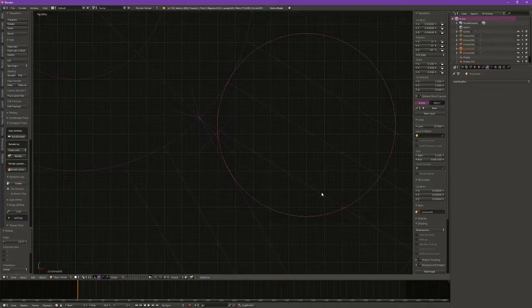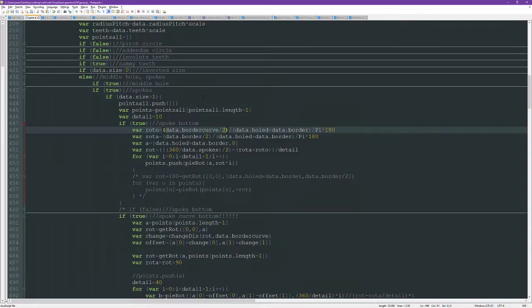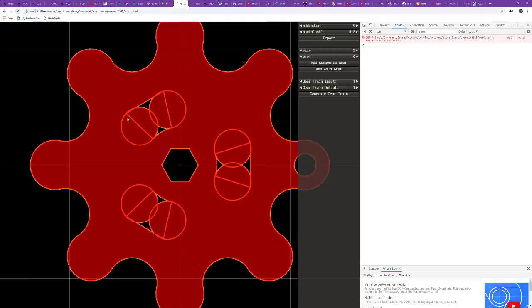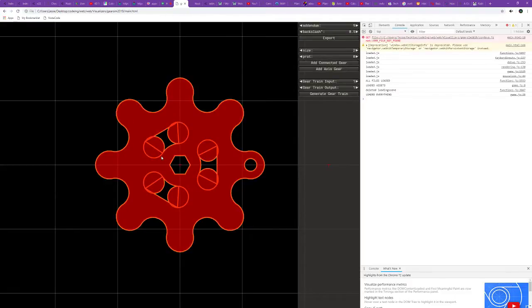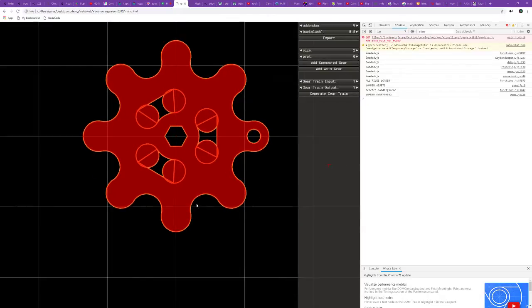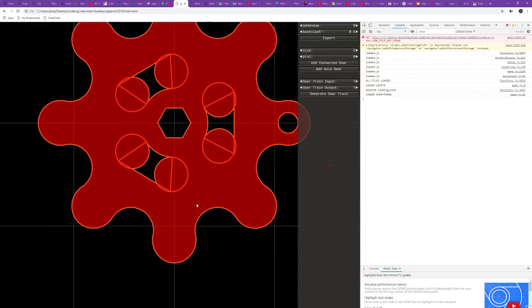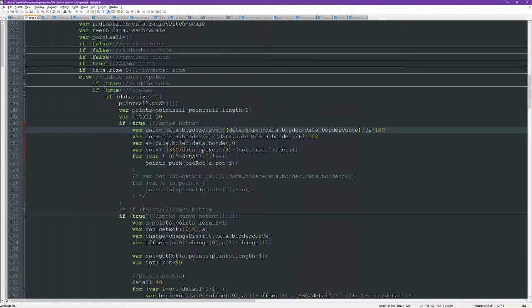I'm using the wrong measurements. Okay. I need to add this to here. Okay, that's looking better. So now I gotta work out where to stop drawing the circle.